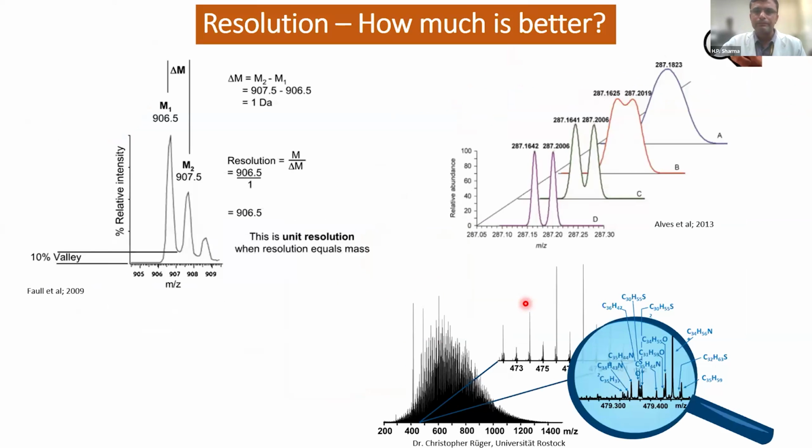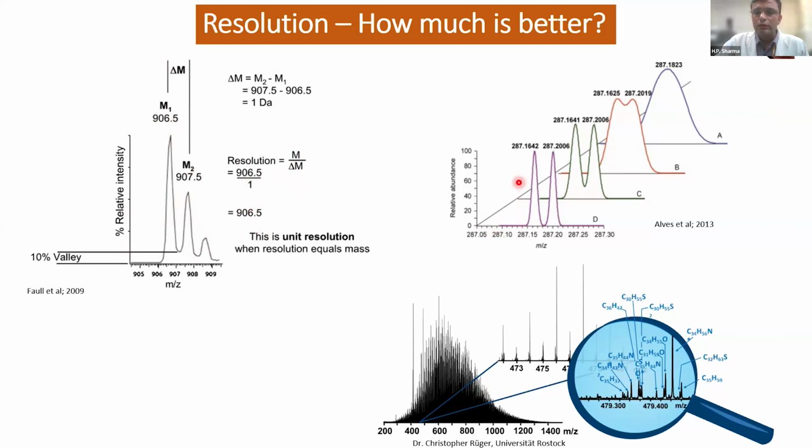From here, let me talk about resolution, because it is all about resolution when we talk about untargeted and targeted analysis. What kind of difference do these words make? Here on the left side, you can see there are two masses which are quite near to each other, with a difference of 1 Dalton between them. When you calculate the resolution, you get somewhere around 1000.